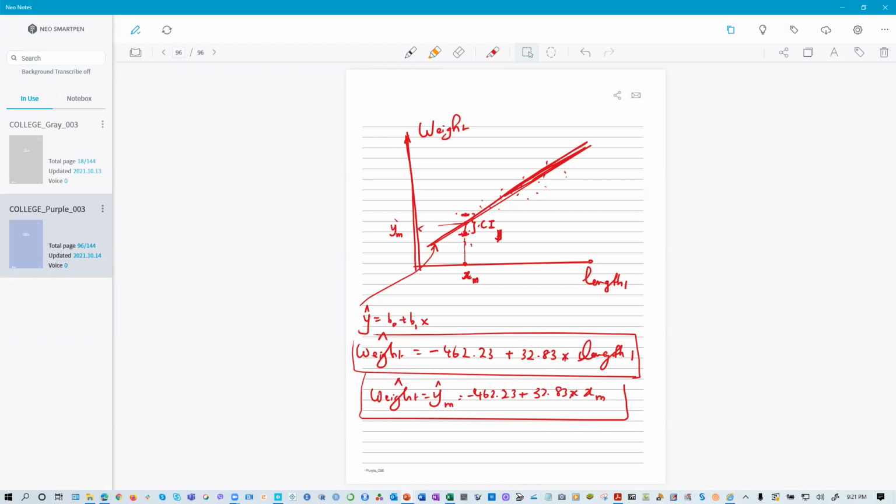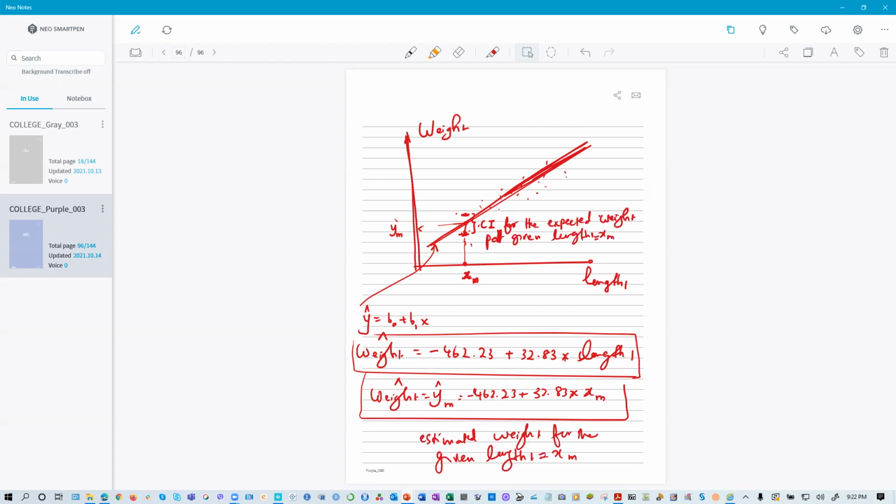If you're interested in the confidence interval for the expected weight per given length xm, this is the estimated weight for the given length, where length equals xm.